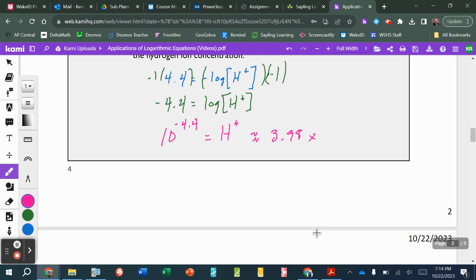That's saying the same thing as times 10 raised to the -5th power. It's basically the same thing as scientific notation. And then we'll say that is in moles per liter. And that would be our answer to this problem: about 3.98 times 10 to the -5th moles per liter.